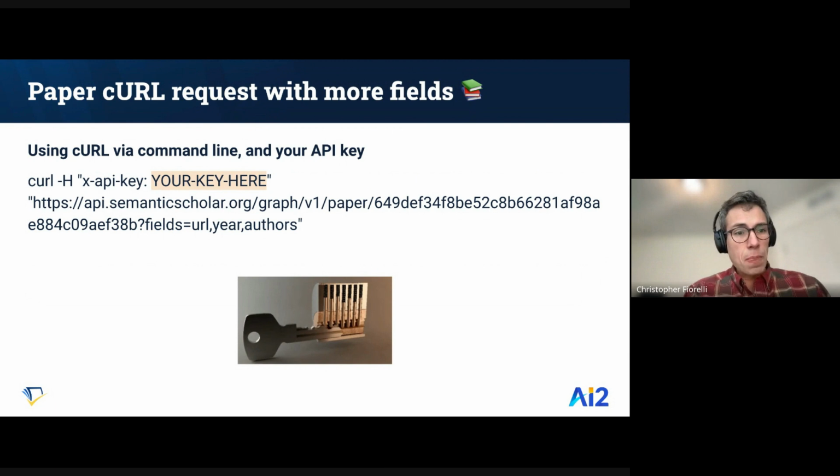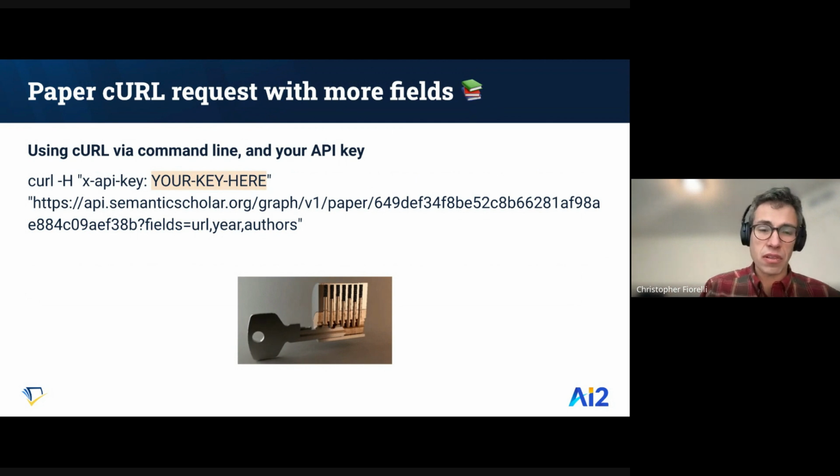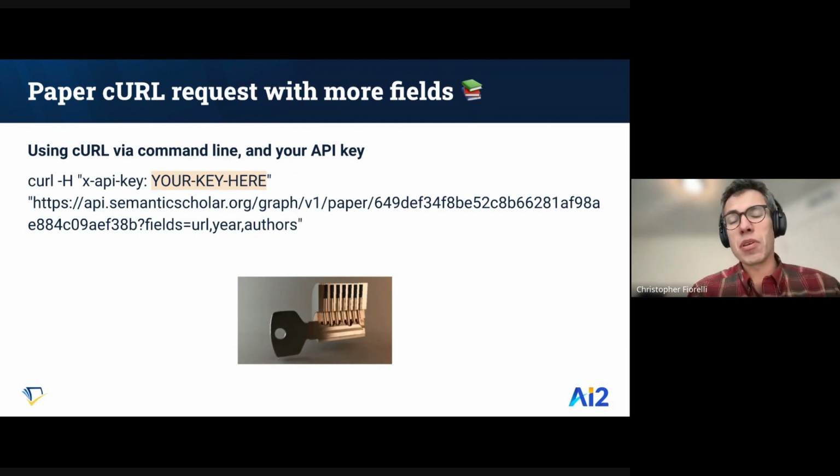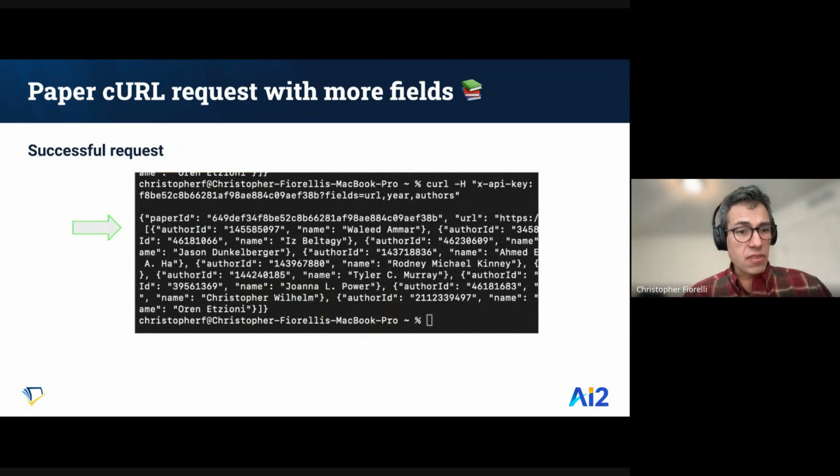From the beginning of the command curl all the way to the end where you see the word authors, this whole command can be pasted into the command line and you could hit enter, but you would need to replace where it says your key here with your actual key. Once you do that, you would see some results similar to below.